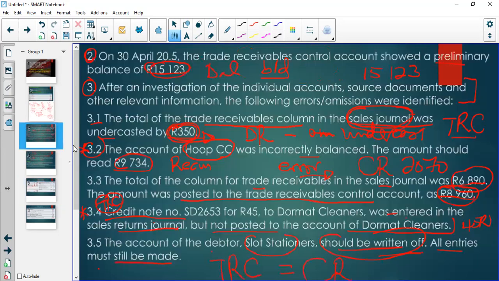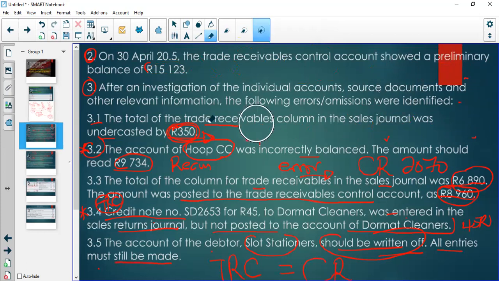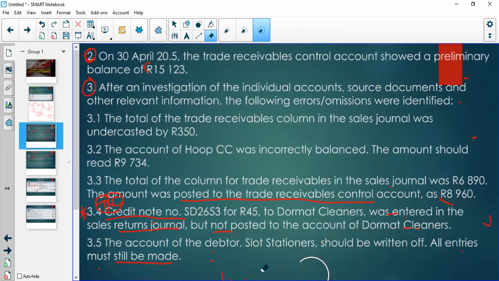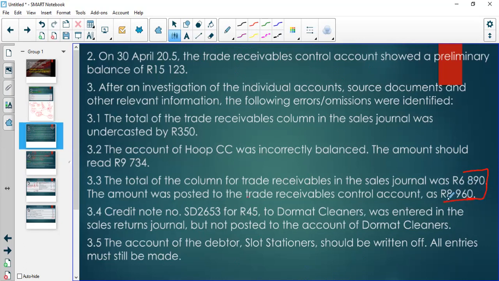If you want to be reminded, let me just rub off everything, all right? And then I will remind you of the story that we had. So remember that this was entered wrongly. All right. So it's too much. It was posted as this. So we have to credit the trade receivables control to reduce the excess.